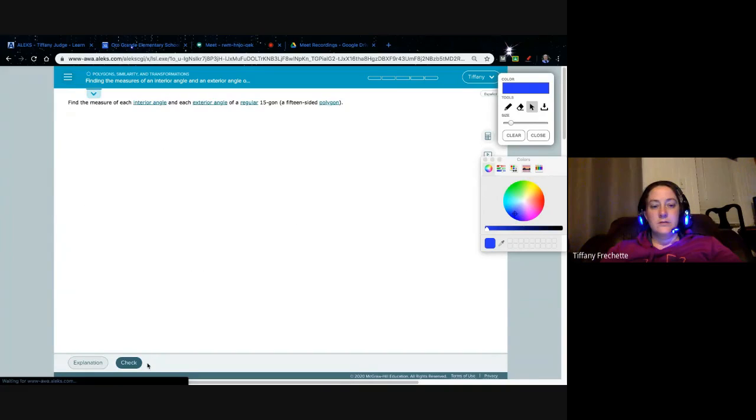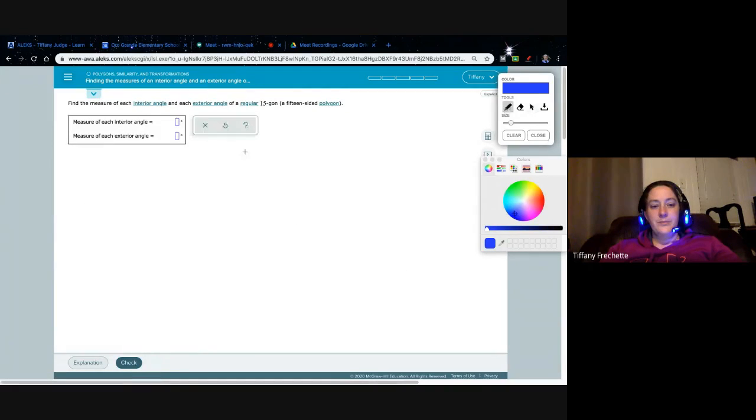Okay, so find the measure of an interior angle and exterior angle of a regular 15-gon or 15-sided polygon. So not all of them have a special name. Once you get up above a certain number, they just say a number-gon, and the number means that's how many sides it has.